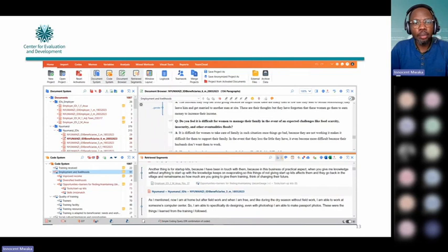And then down, you can always retrieve certain codes. So if you say you want to retrieve only information related to gender and nothing else, then you get only information related to gender, and then you go through that and try to understand what is coming out of your data. If it's on empowerment, you go through this.